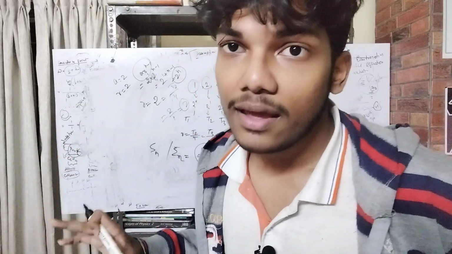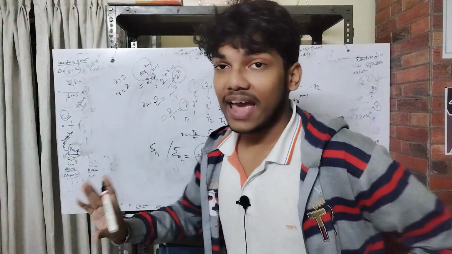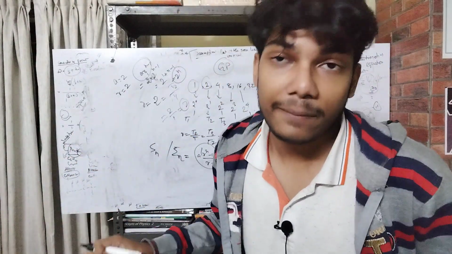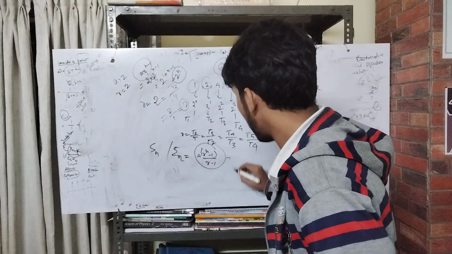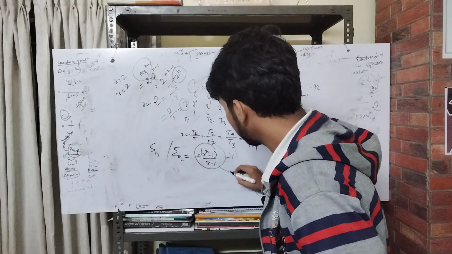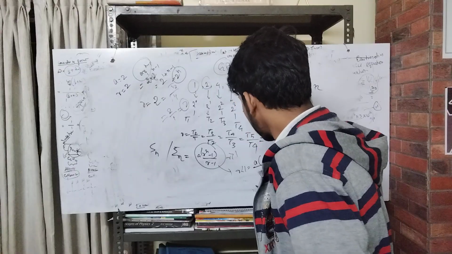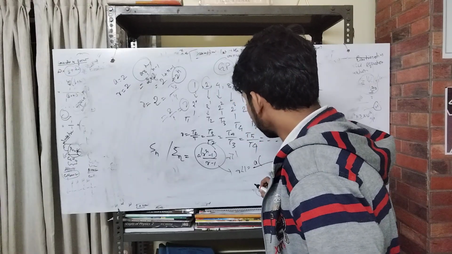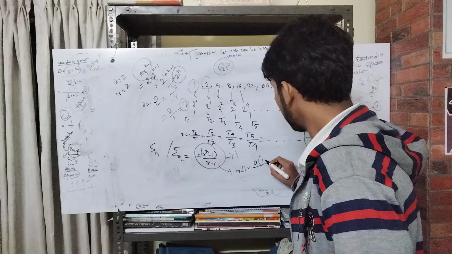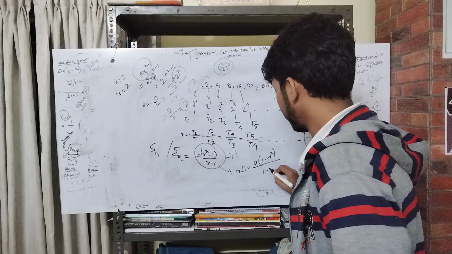This is the formula, and in most books they have written two separate parts: r greater than 1, and for r less than 1 they write a (1 - r^n) by (1 - r).